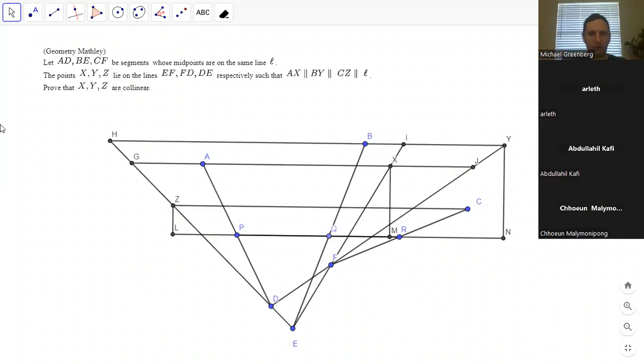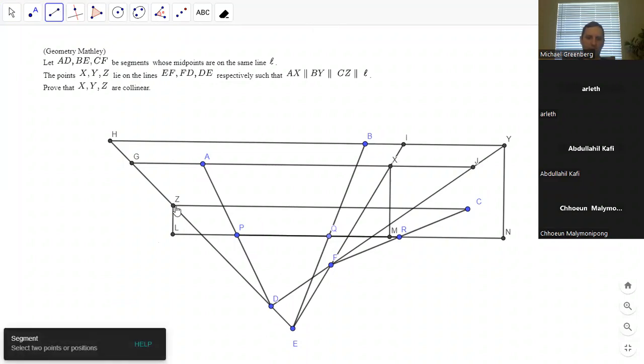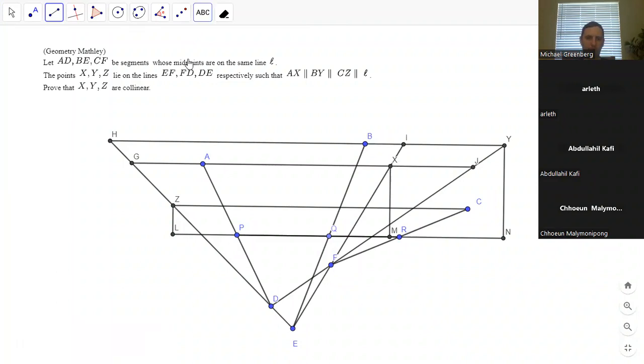Okay, so if we draw perpendiculars, we want to show that XM is like a weighted average of ZL and YN. So I think we want to show XM is ZL times MN over LN plus YN times ML over LN.